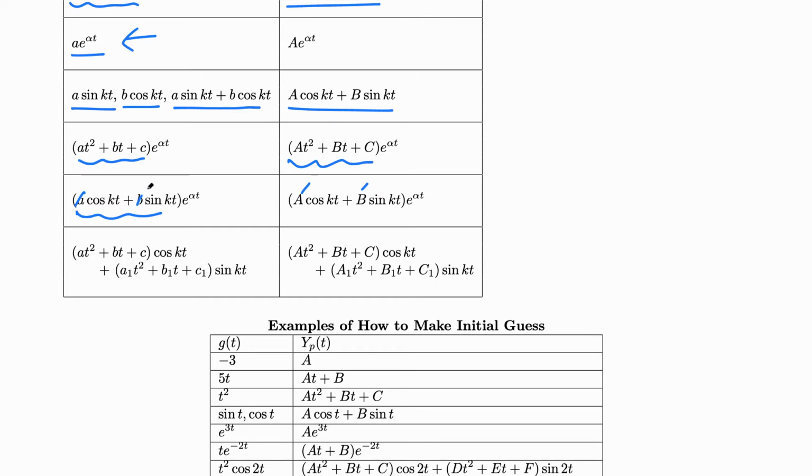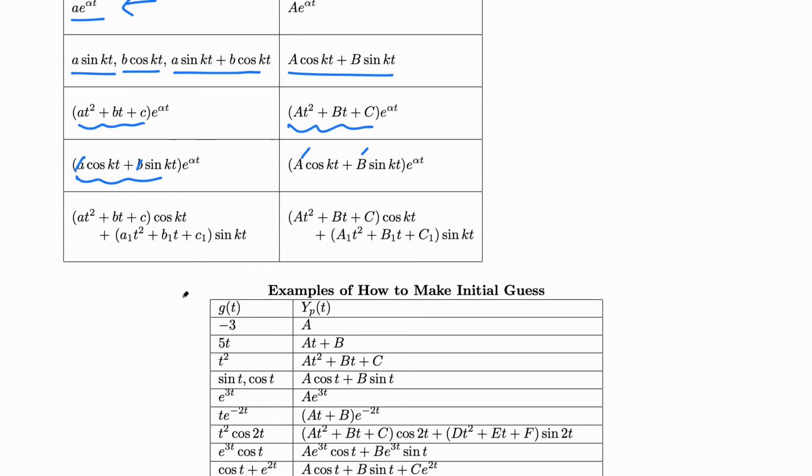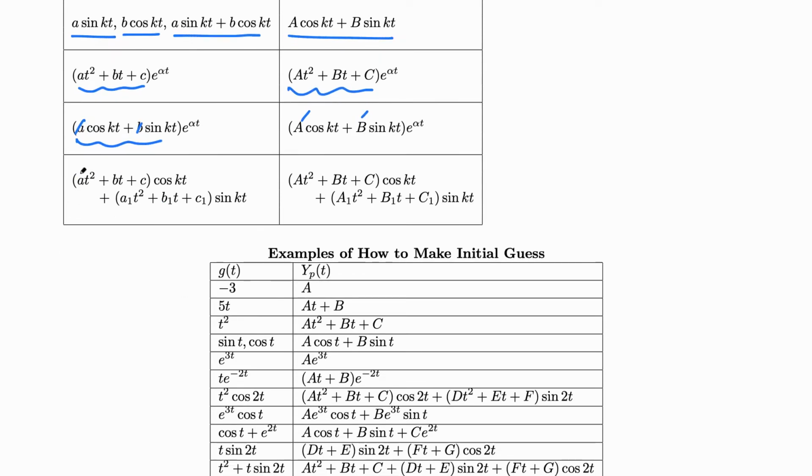It might be like 3 and 5 or 0 and 2, we have to write both a and b as unknowns. In the same way, if we have a degree 2 polynomial times cosine plus a degree 2 polynomial times sine, it will be a generic degree 2 cosine plus a generic degree 2 sine.